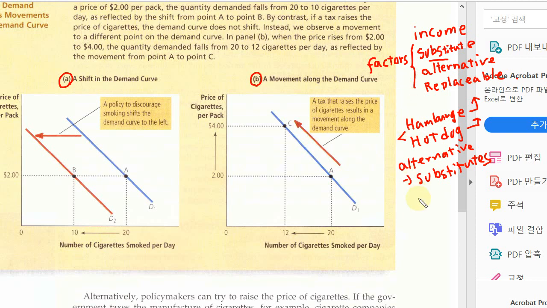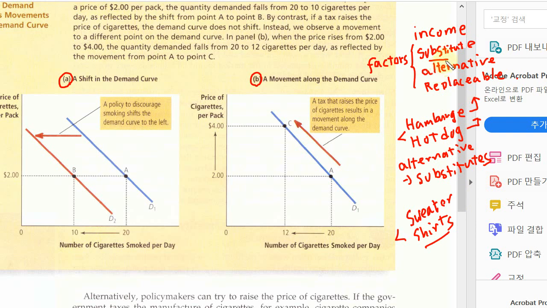And if you have a higher price of sweater clothing, then you will buy shirts. This one is also right. Substitute, the same one, right? So the substitute is the product which can be replaced once the other item's price increased. A substitute is another item which can be used as an alternative.